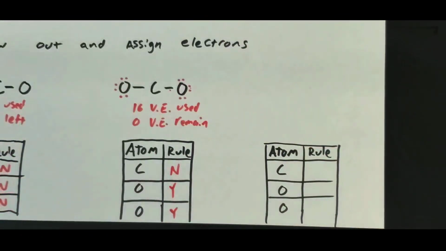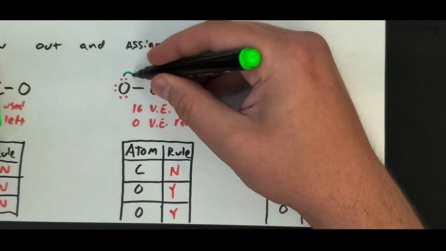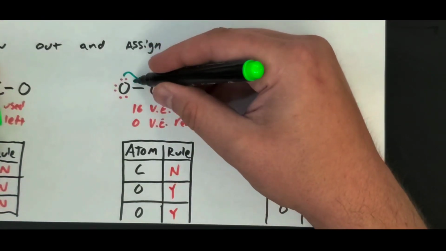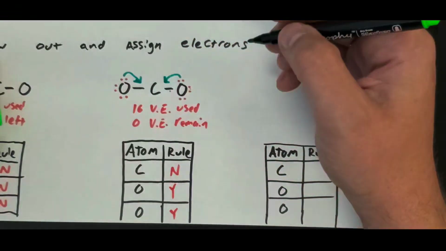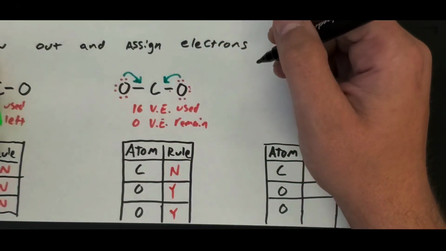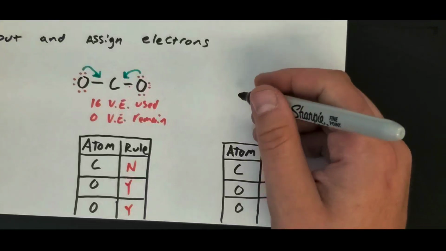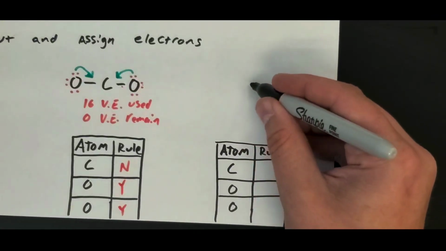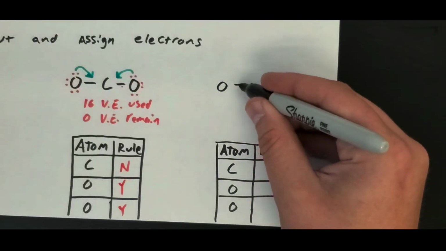The way we will do that is each one of these oxygens will form a double bond with the carbon. So that will be carbon, oxygen, oxygen.